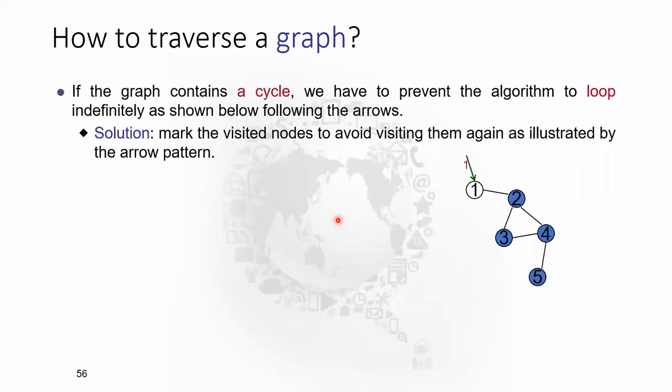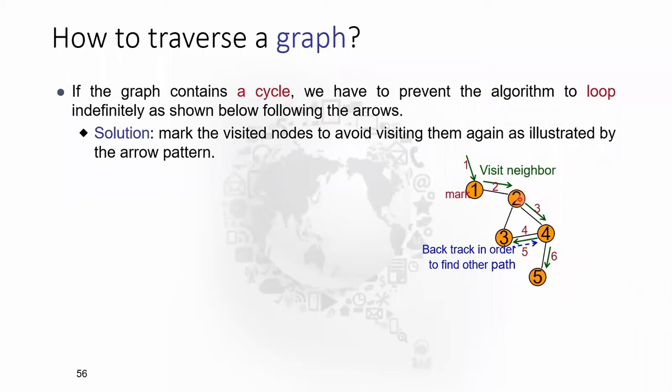If a graph contains a cycle, you have to prevent the algorithm from looping indefinitely, as shown below, following the arrows here. So let's say you want to go from 1 and you go to 2. Here there are no directions. It is not a directed graph.